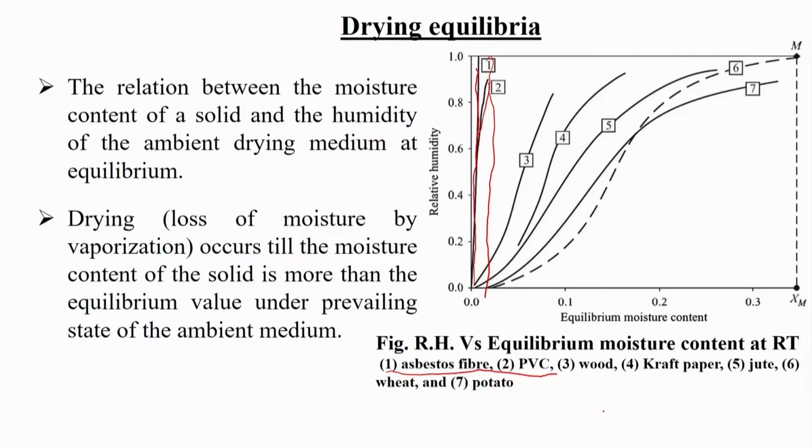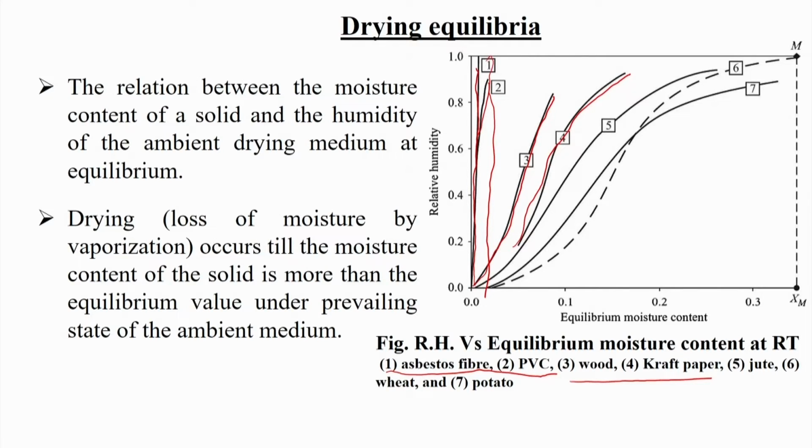But when we talk about wood and kraft paper, the equilibrium moisture content increases gradually with relative humidity. If we go on increasing the relative humidity of the drying medium, the equilibrium moisture content will go on increasing.